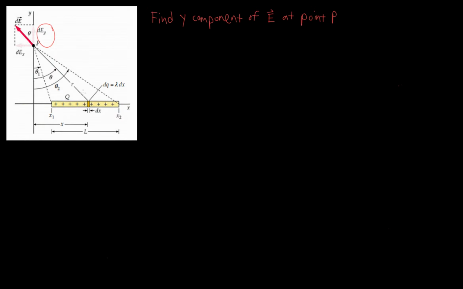And so note here that we have a really small segment of the line charge, and that's called dx. And dx just means a really small element of the line charge.